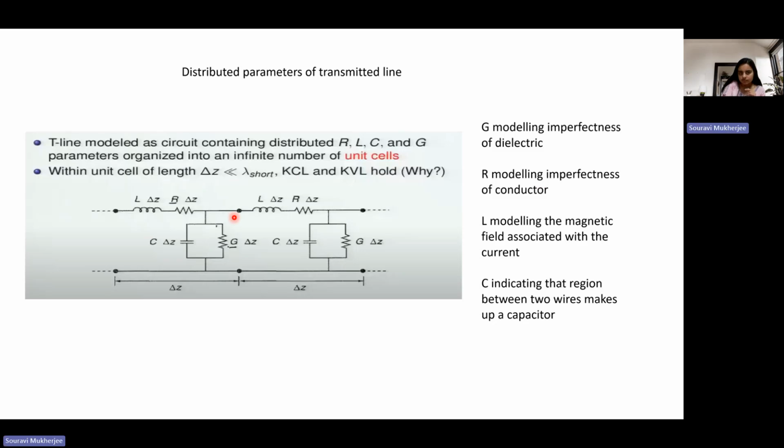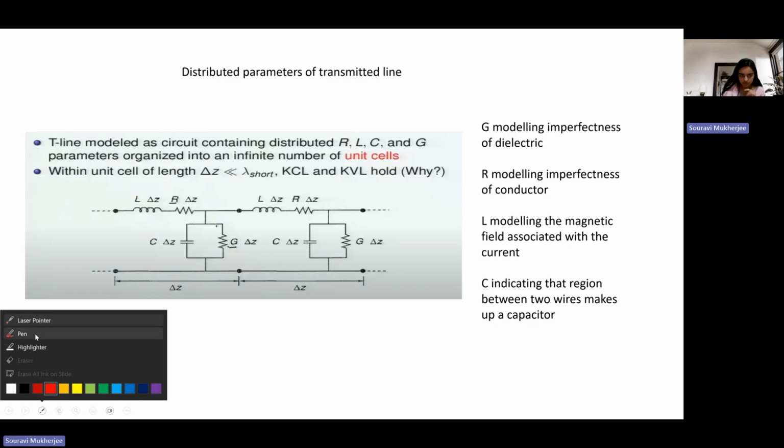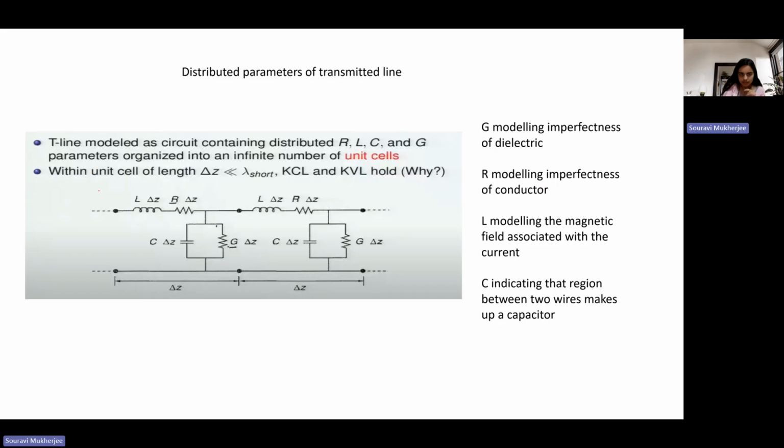So what is being done is that you can now consider each section as a small circuit where the lumped circuit regime holds. That means, when the signal is transmitting over the entire length, there will be some effect, right? How are we calculating that effect?